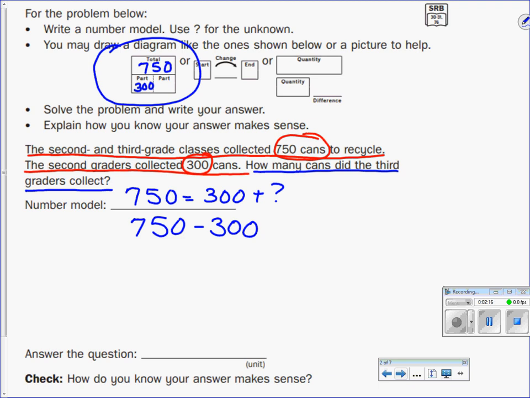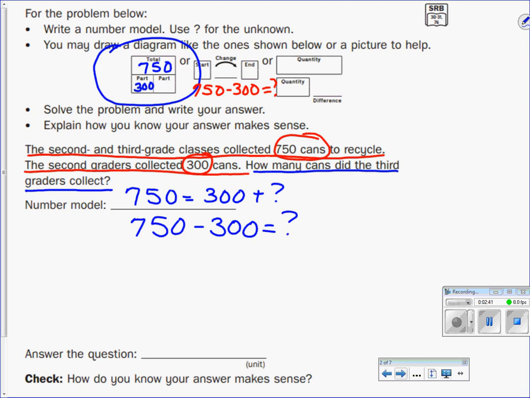Okay, so we know here that our start number is 750. The change is going to be the 300 that the second graders had, and the end is going to be our question mark, which is how many the third graders collected.